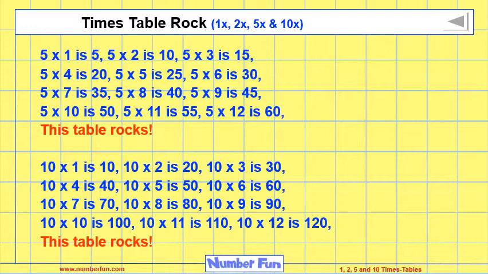Times 1 is 10, 10 times 2 is 20, 10 times 3 is 30, 10 times 4 is 40, 10 times 5 is 50, 10 times 6 is 60, 10 times 7 is 70, 10 times 8 is 80, 10 times 9 is 90, 10 times 10 is 100, 10 times 11 is 110, 10 times 12 is 120.